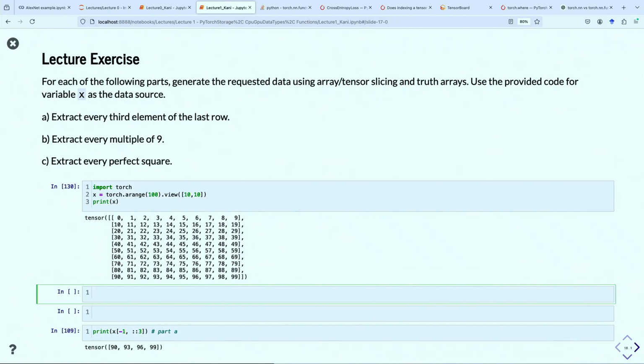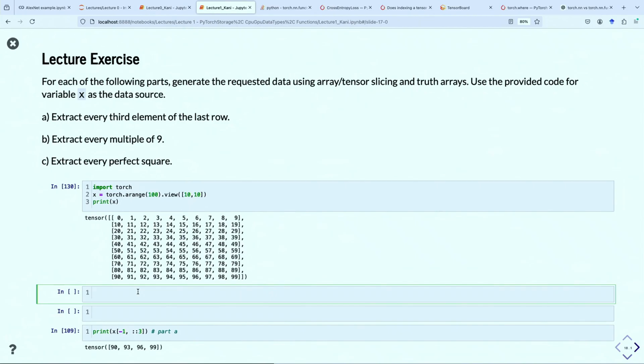Okay, how about we just extract every multiple of 9? How will we do that? Does anyone want to give it a shot? Yeah, please.